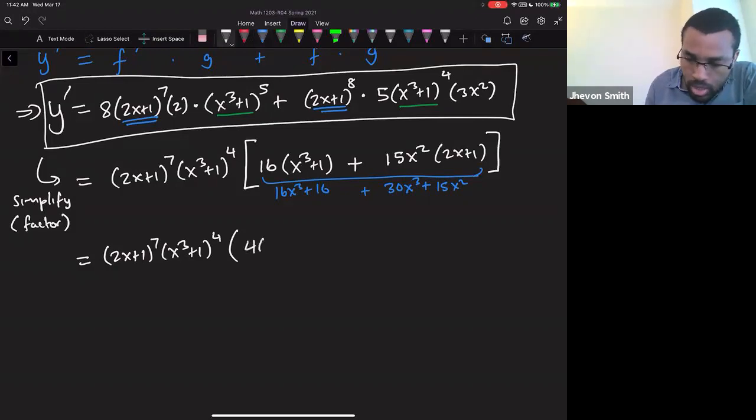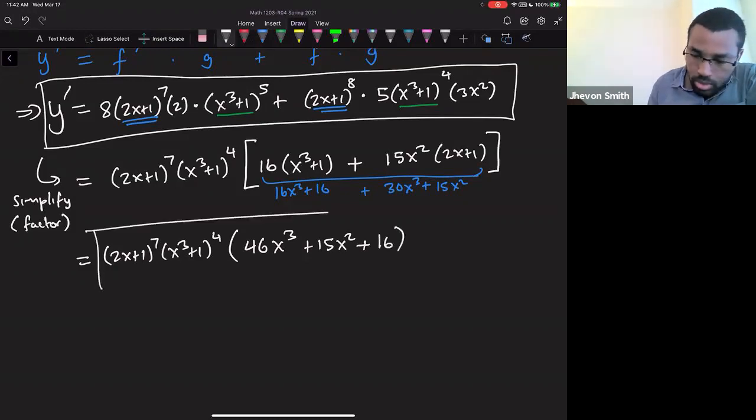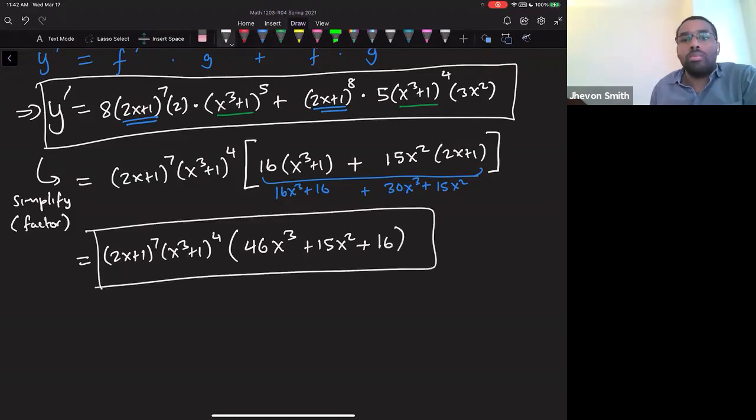Is that 46x cubed plus 15x squared plus 16? Agreed? Is that what you guys got? Anyone there?